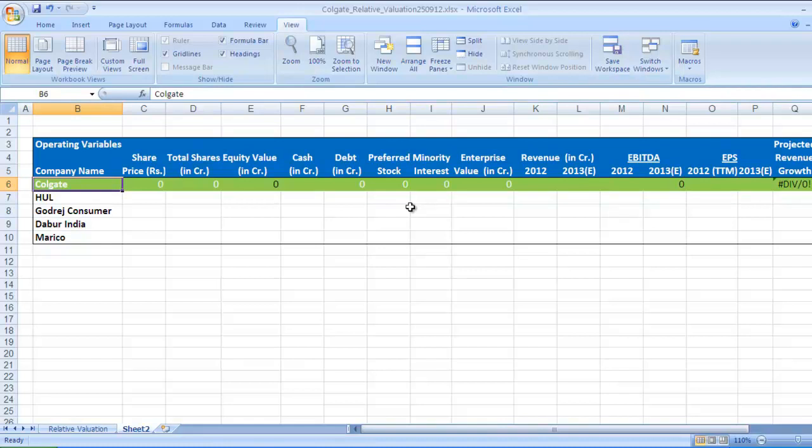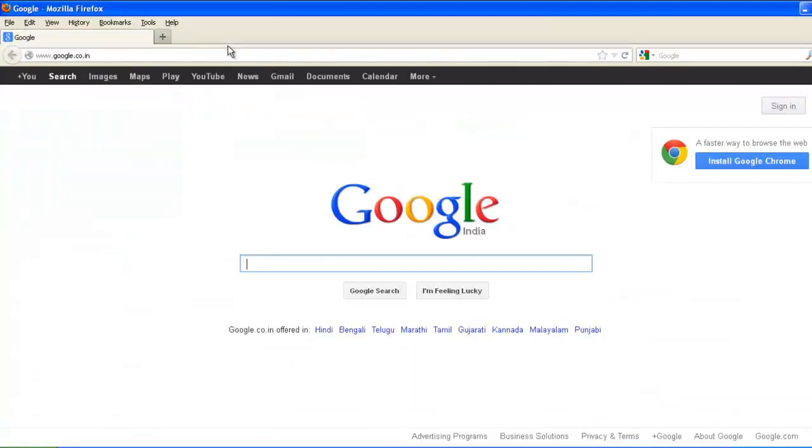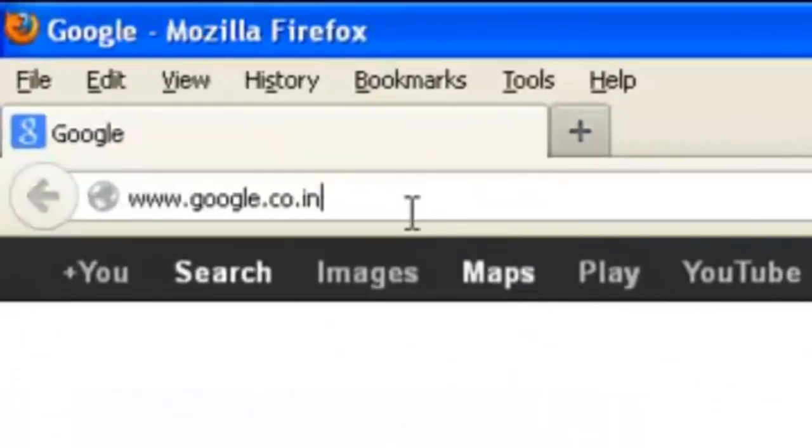So we'll start with Colgate. There are certain websites like moneycontrol.com, so we'll go to moneycontrol.com first.